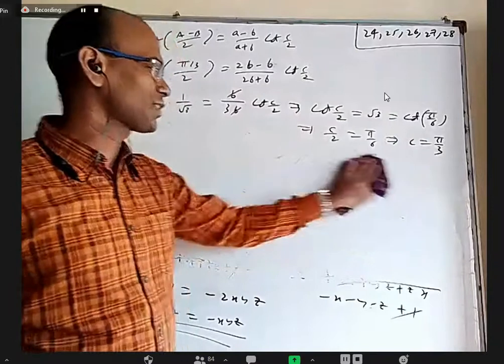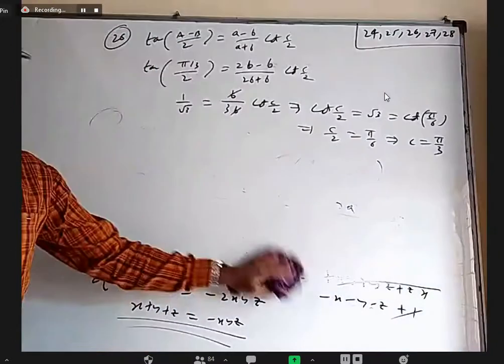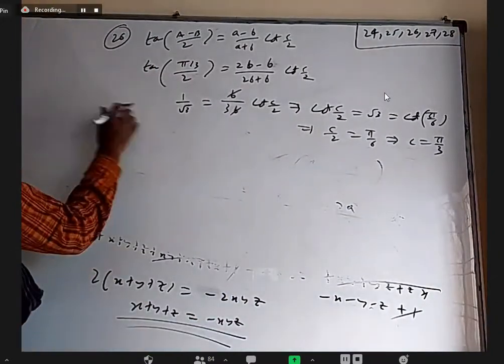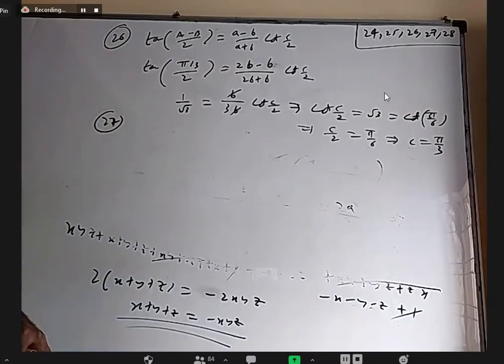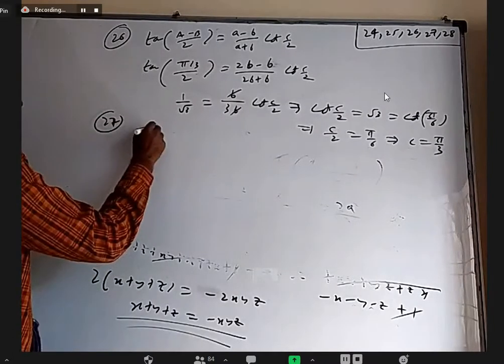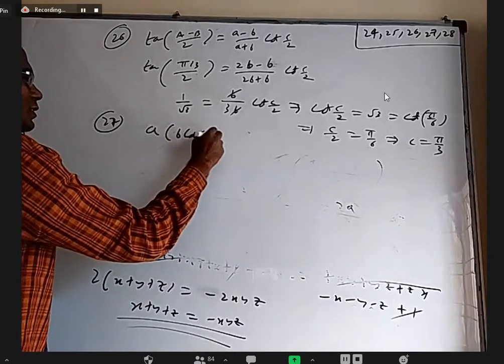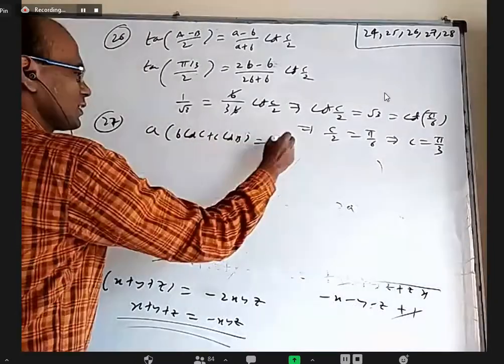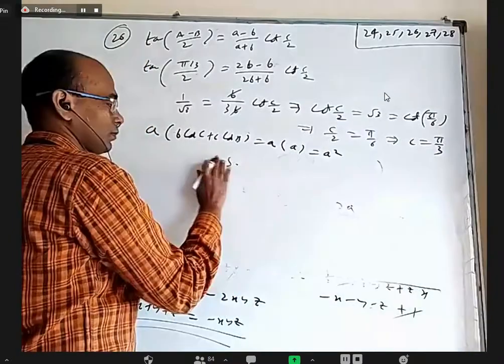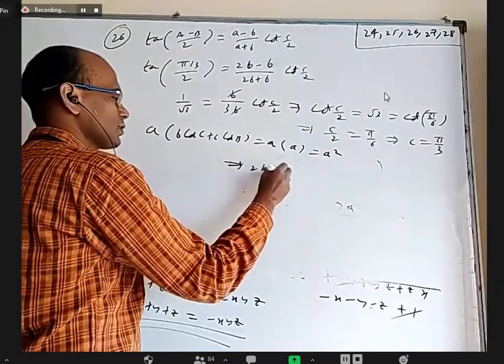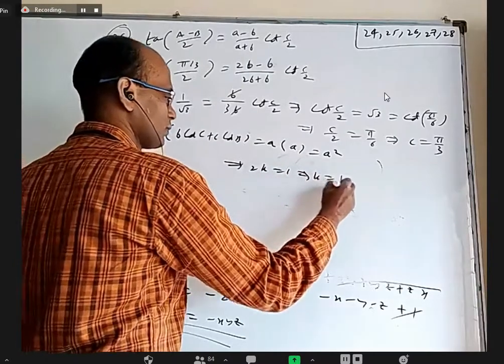We are deriving the projection rule once again. Maybe I did not tell this number; I gave it as a question, I think. Anyway, as well we write it. b cos C plus c cos B is a, into this a only, a square. So which implies 2k is equal to 1 and k is 1.